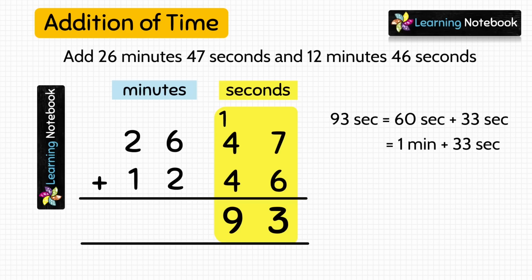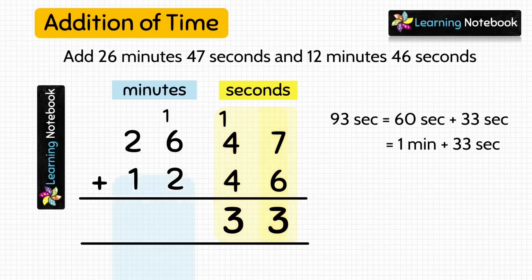So students, instead of writing 93 in the answer, we can write 33 seconds and we will carry 1 minute to the minutes column.